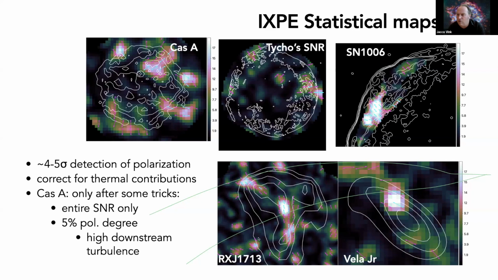Jacco, sorry to interrupt, but indeed you cannot see regions where turbulence goes down because the magnetic field is low already. That's right. So maybe the magnetic field itself goes down, but to some extent we can do a little bit better, right? Because if the magnetic field goes down too much, we don't expect to see any extra synchrotron emission at all, although we have to take into account projection effects.